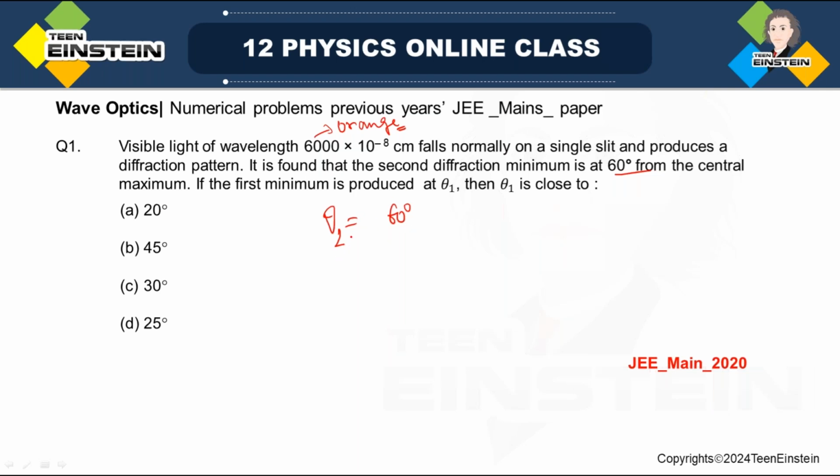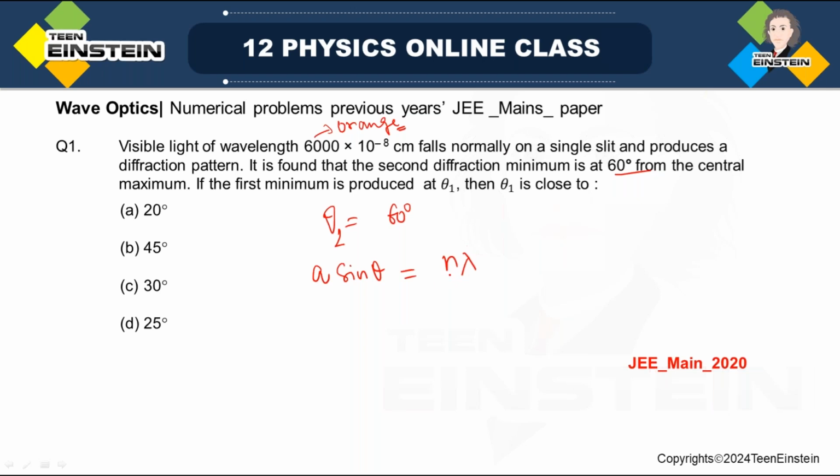First of all, let us write the condition for minima in diffraction: a sin theta is equal to n lambda. Here a is the slit width, and n is the order of the diffraction minima.